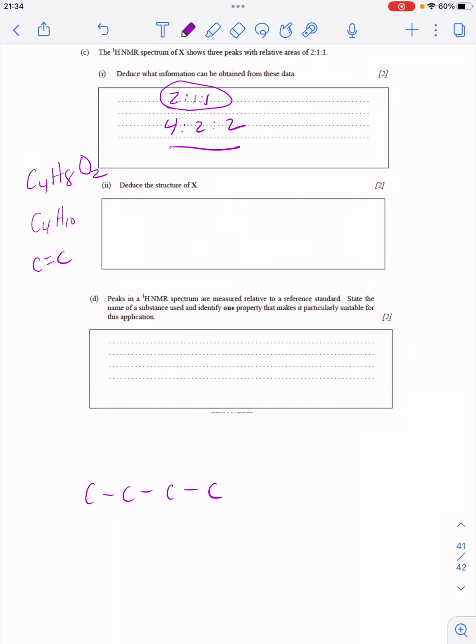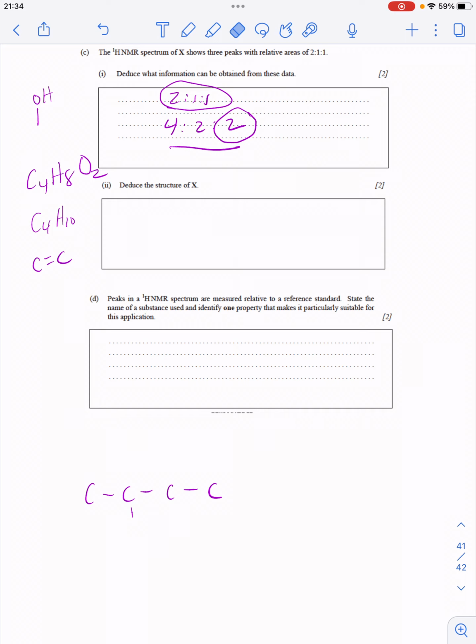That means my O groups need to be symmetric, because there's no hydrogen environment that only has one H. So if I did an OH here, and then another OH that's not exactly the same, then they wouldn't show up as the same environment. So instead, I need to make sure that this molecule is pretty symmetric.